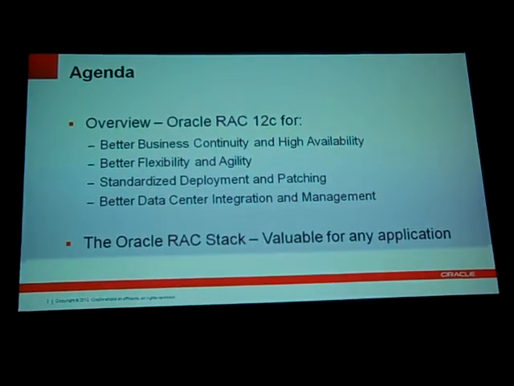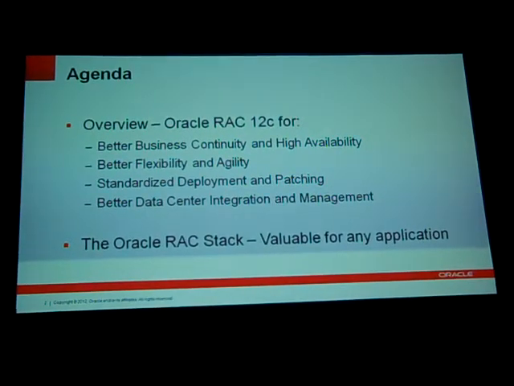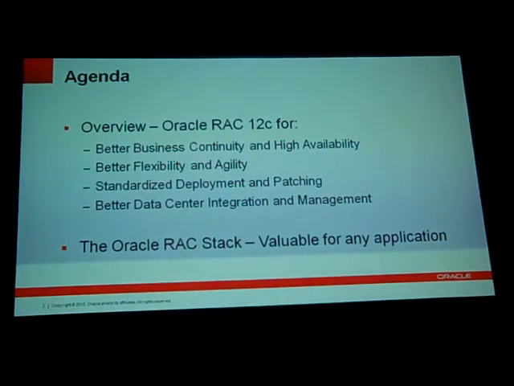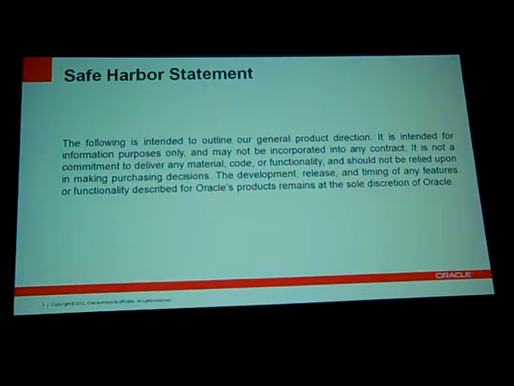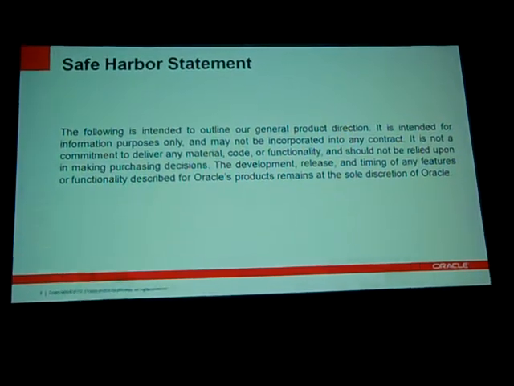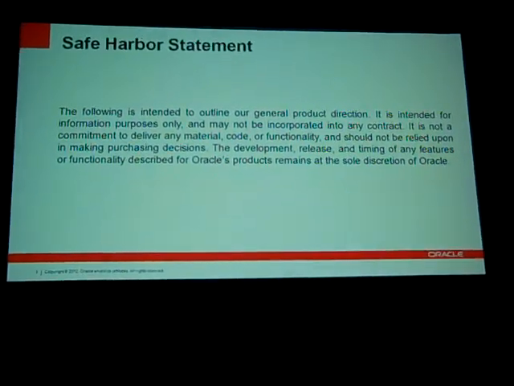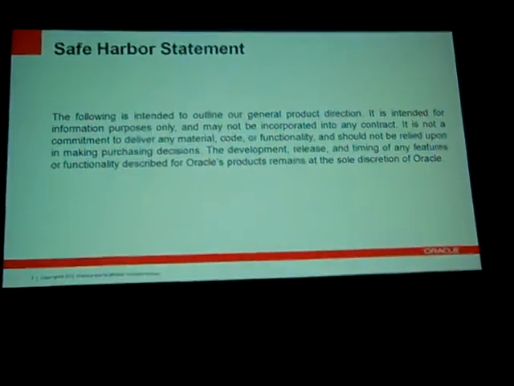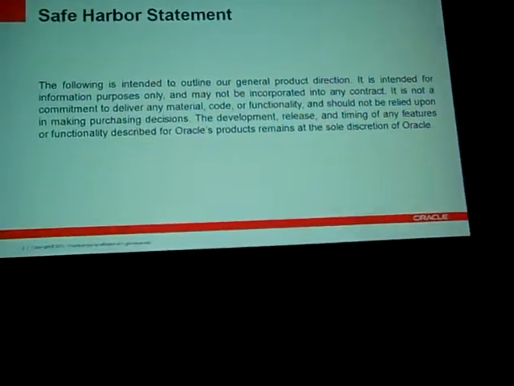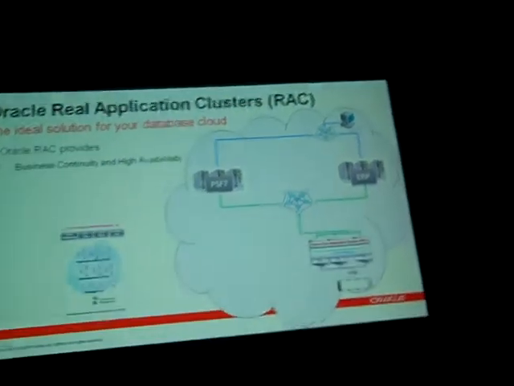That said, let's see what we have done regarding better business continuity and high availability. But before, let's remind ourselves that 12c isn't out yet. So I have to show you this safe harbor statement saying there may be changes to what I'm introducing right now. And I also want to remind us what Oracle RAC stood for before 12c. Oracle RAC has always been the ideal solution for your database cloud.